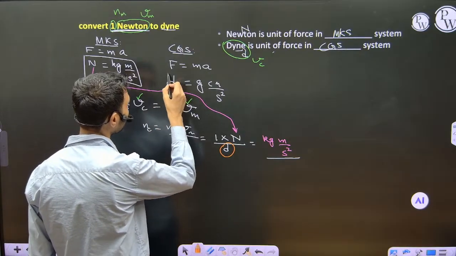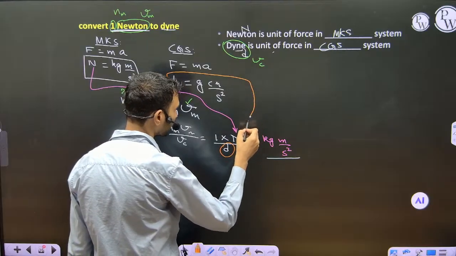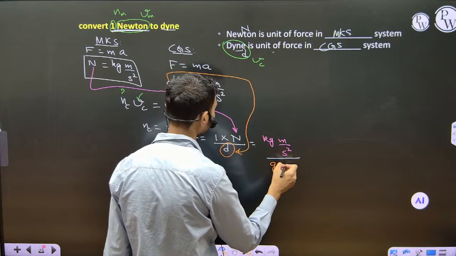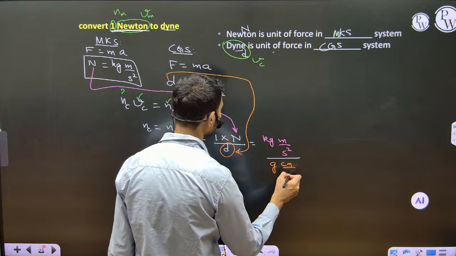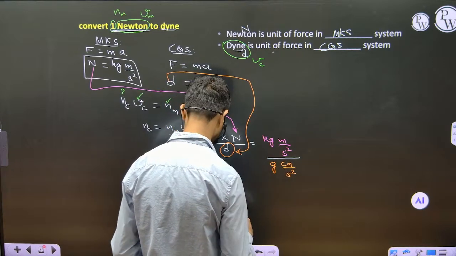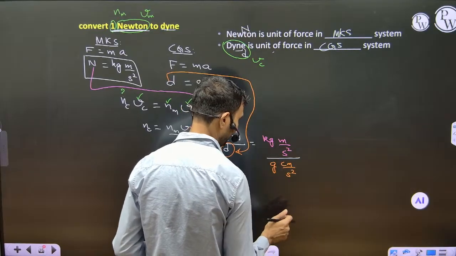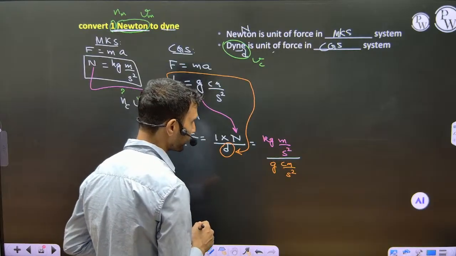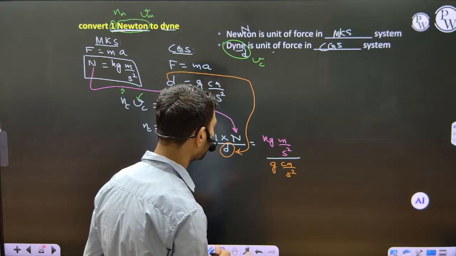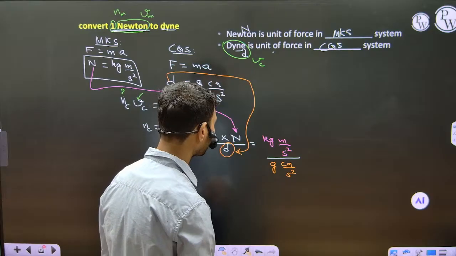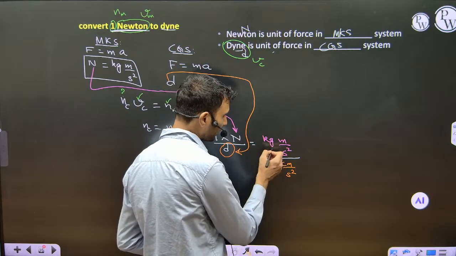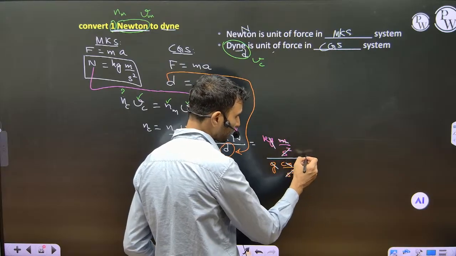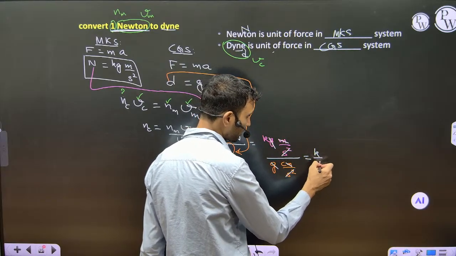Dyne equal to this, and that is gram centimeter divided by second square. Right. Let's solve this. You see gram cancel, meter cancel, second square cancel, and we get simply K upon C.